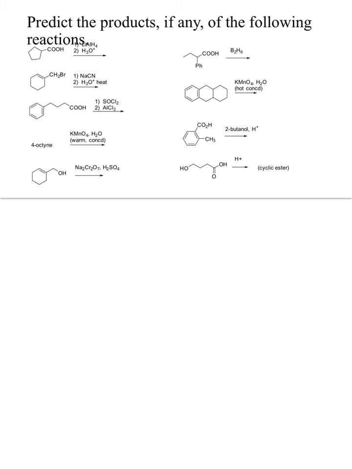Well, it is a strong reducing reagent, so it will reduce all the way to the primary alcohol. Keep drawing that as a 6-membered ring. So we have a 5-membered ring, and then this would be CH2OH. So the carboxylic acid goes to the primary alcohol using lithium aluminum hydride.